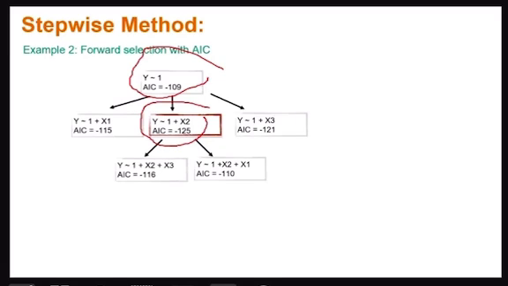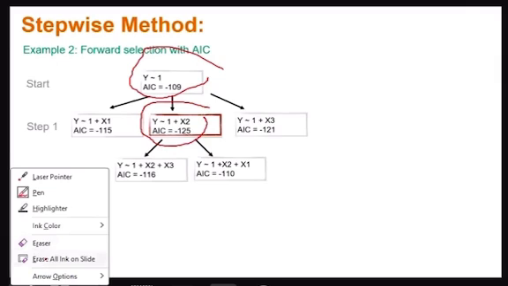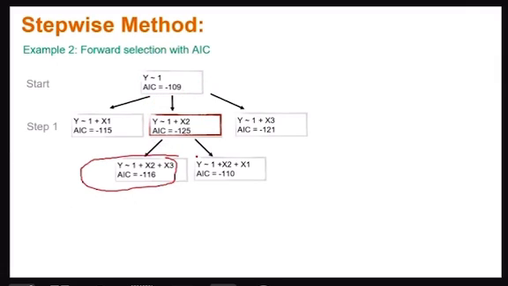Now, after that, which one is smaller than the one we have between this and this? Is there anyone smaller than that? No. Then the forward selection is selecting that.